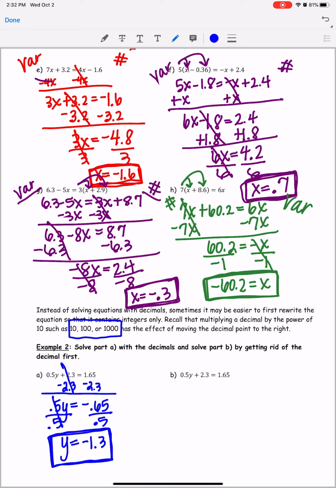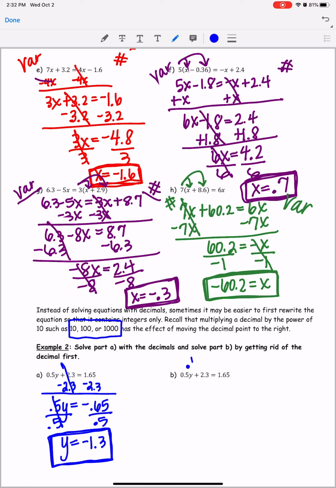So when you look at our problem, to make this into a whole number, I only need to move this decimal once. To make this one into a whole number, I only need to move this decimal once. But to make this one into a whole number, I need to move this one 2 times. So because I need to move one of them 2 times, we're going to multiply everything by 100.